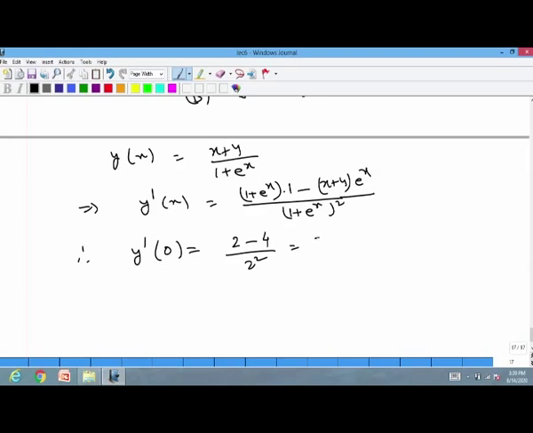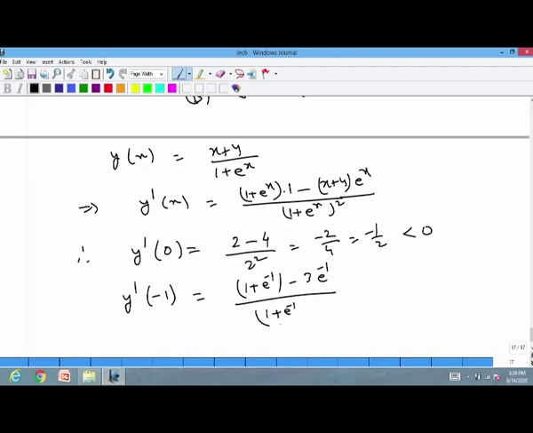So, that is minus 2 by 4, minus half, which is less than 0, and y prime at minus 1 is equal to (1 plus e to the minus 1) minus 3 e to the minus 1 divided by (1 plus e to the minus 1) square.